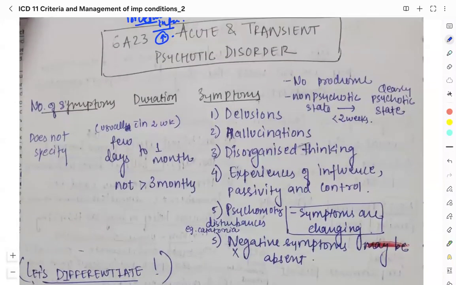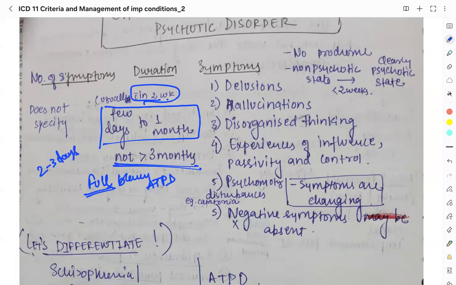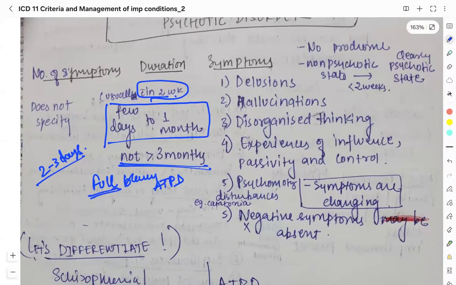So ICD-11 writes that the symptoms start within a few days and last for a month, but they never go beyond 3 months. And the full blown ATPD symptoms are seen within 2 weeks. So within 2 to 3 days, you will start seeing complaints from the informants that the patient is behaving very oddly since the past 2 to 3 days, and then the full diagnostic criteria for ATPD would be met within 2 weeks of the symptom onset.